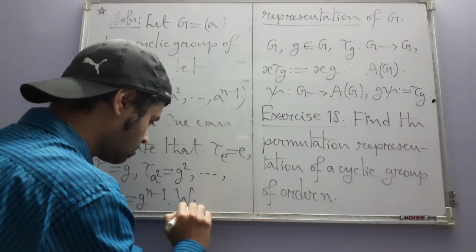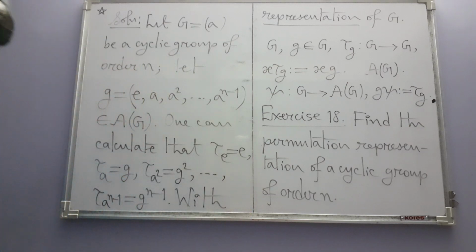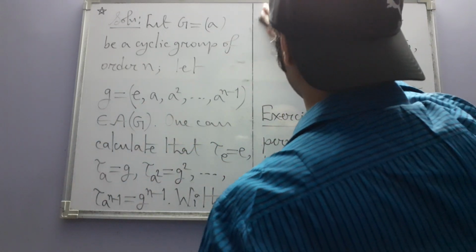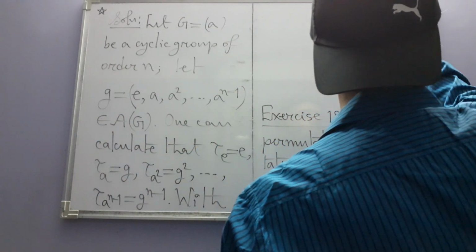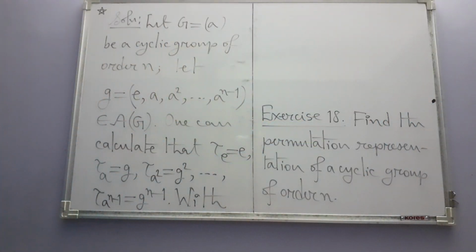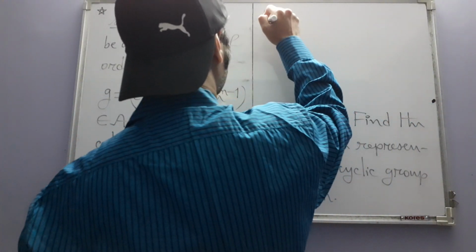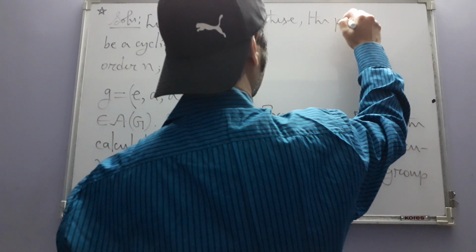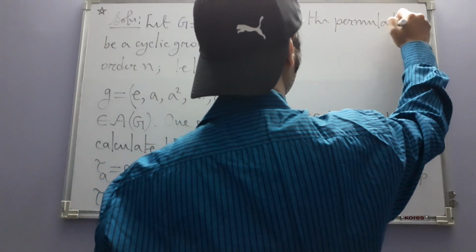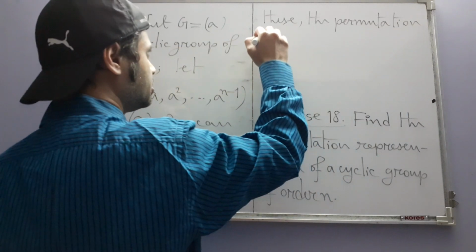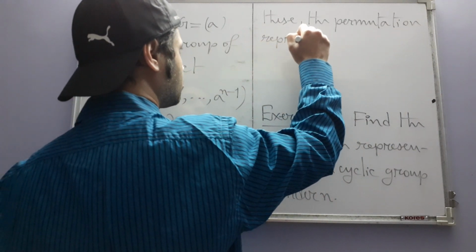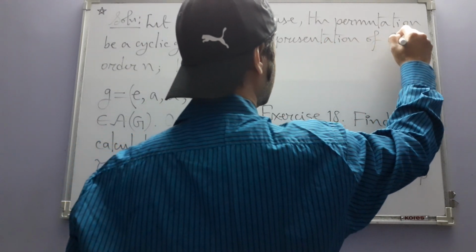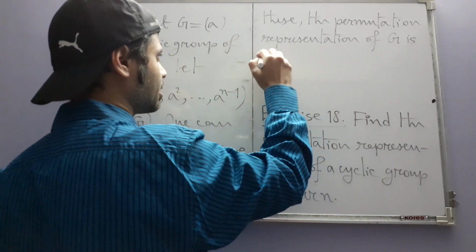With this, the permutation representation of G is just that map.